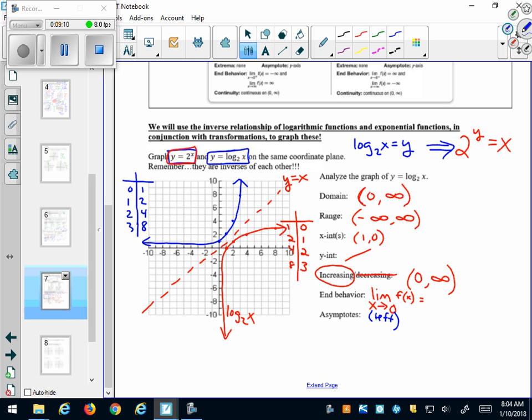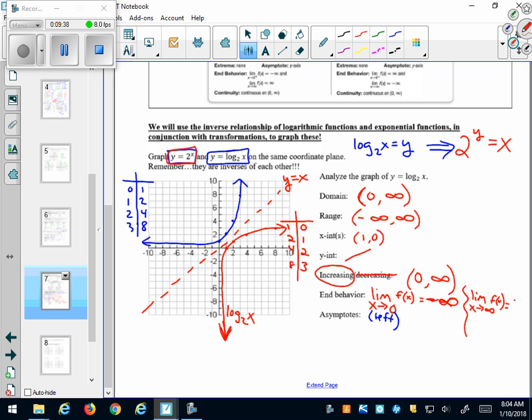What is it doing as it's approaching 0? What is the function approaching? Where's this going? Negative infinity. So the right behavior, limit as x approaches infinity, where's that going?